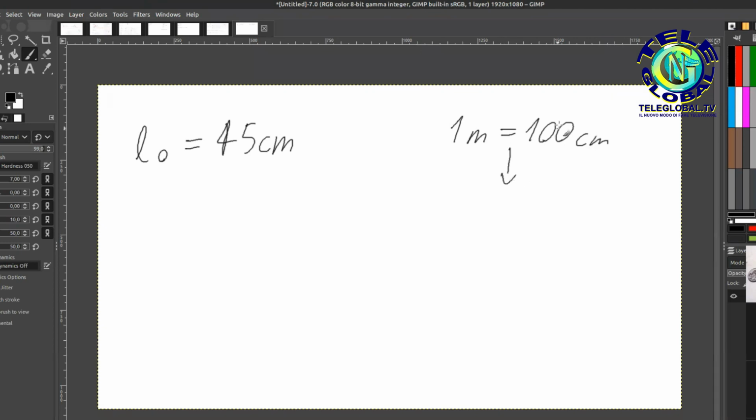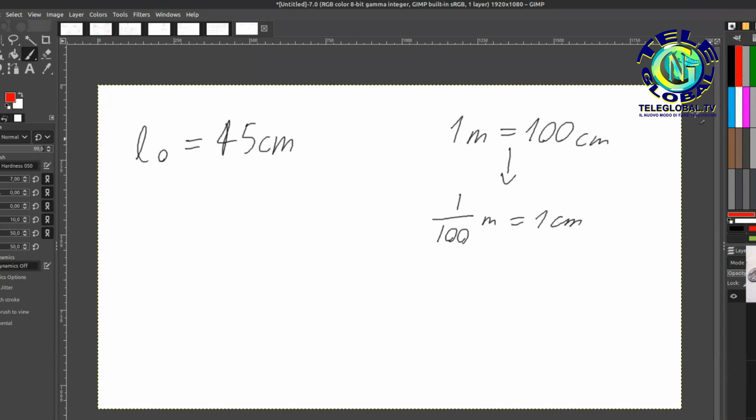So if you invert this relation, you divide both sides by 100. You get that 1 over 100 meters is 1 centimeter.